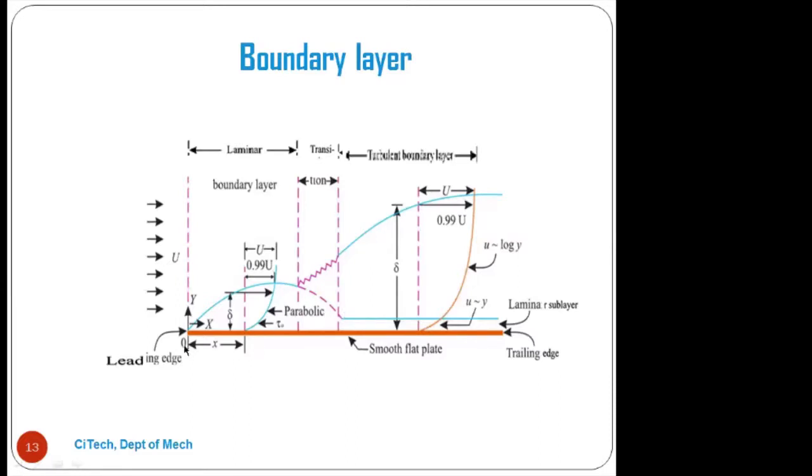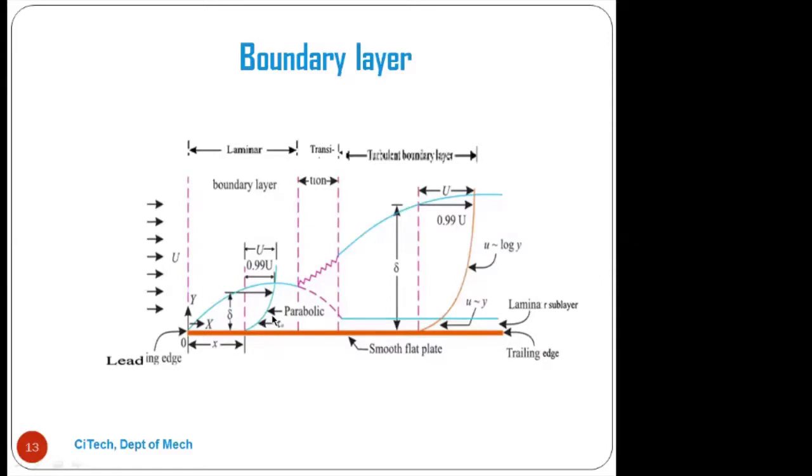If the flow occurs above the surface, at the junction between the fluid and the solid surface, where they contact, the shear stress, tau naught, is greater.